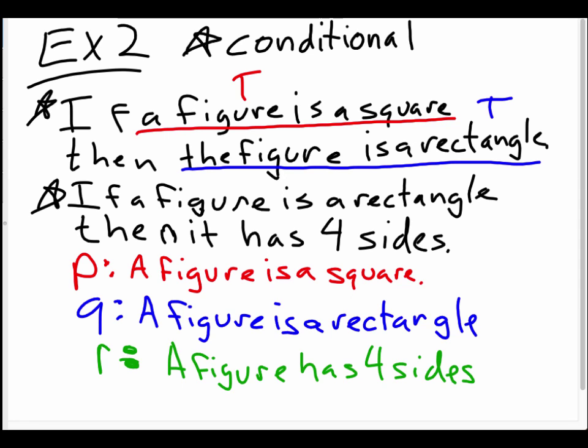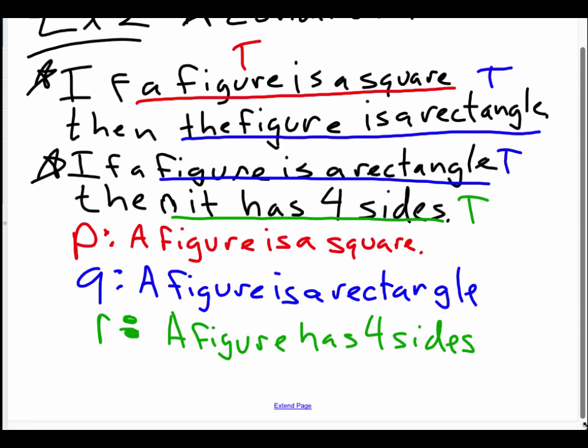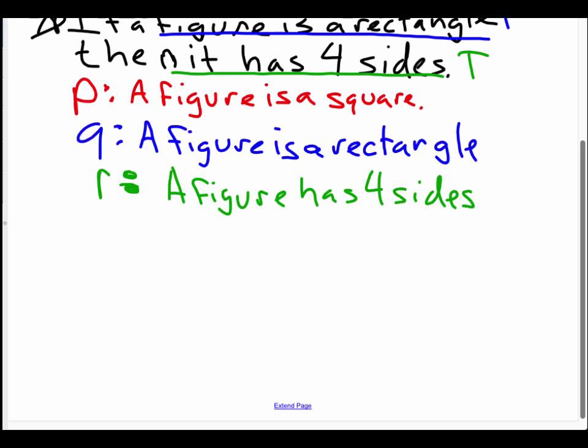So then, a figure is a rectangle. Still true, maybe. We'll see. Then it has 4 sides. Okay? That should be true too, depending on our situation. So now, the law of syllogism goes like this.